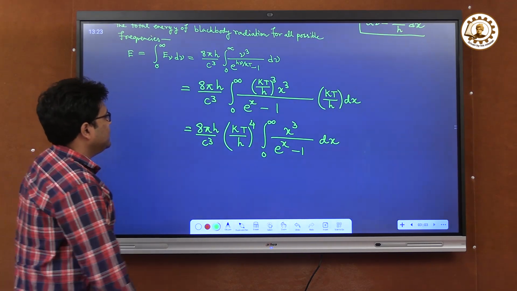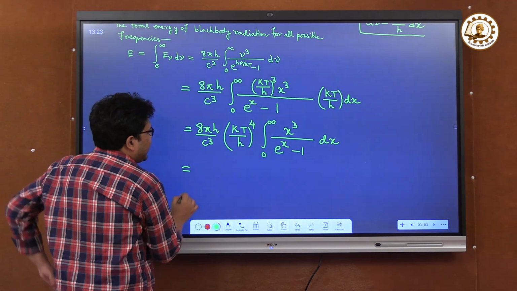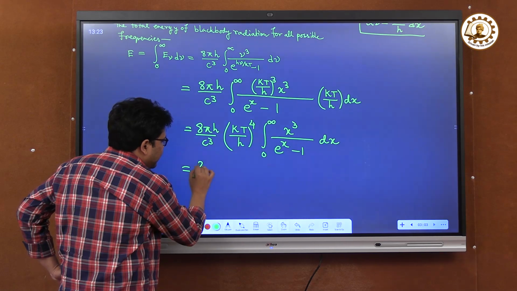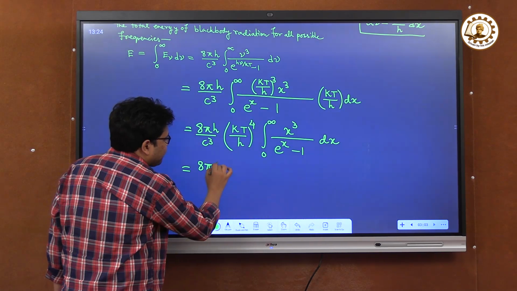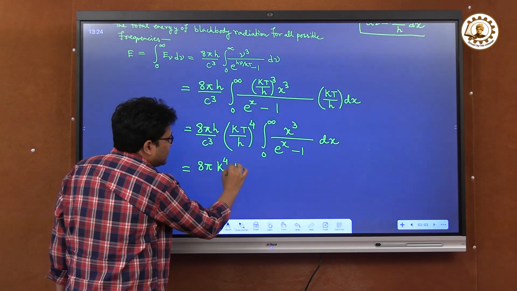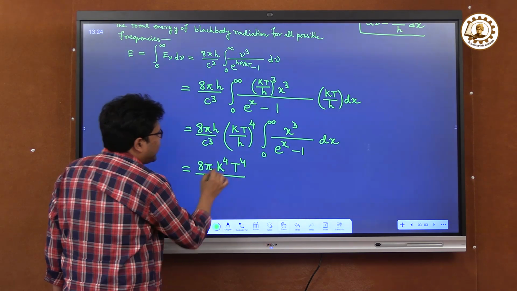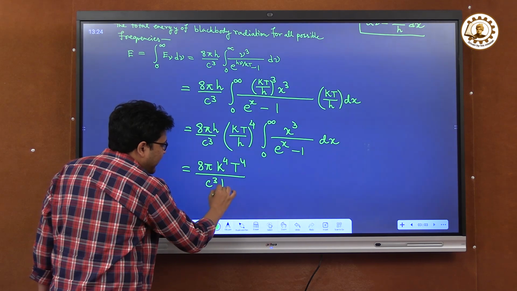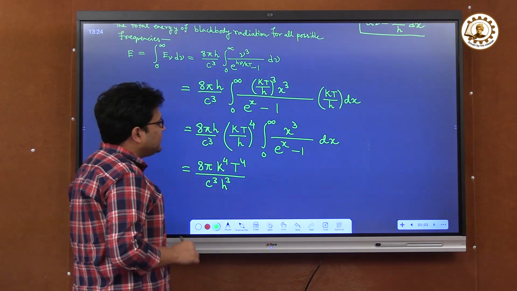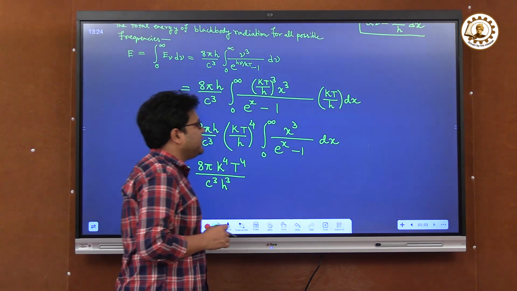Now after simplification we have 8 pi k to the power 4 T to the power 4 by h to the power 4, and h cancels out, leaving c cube h cube. Now what about the value of this integration?